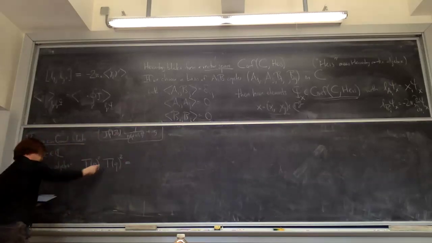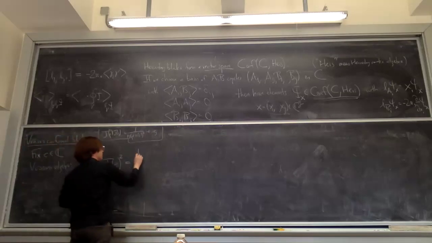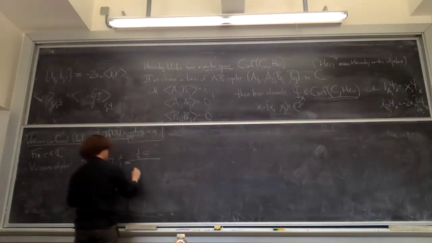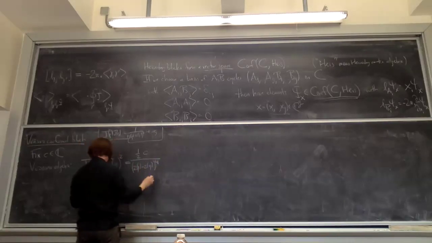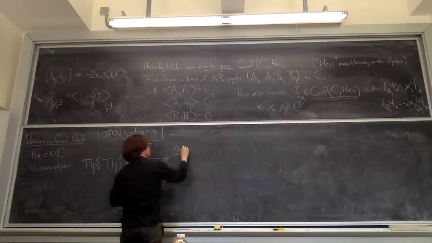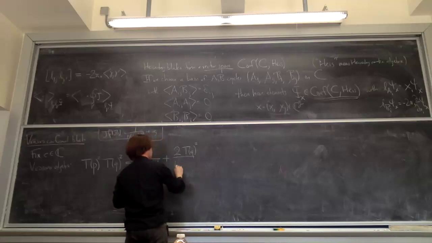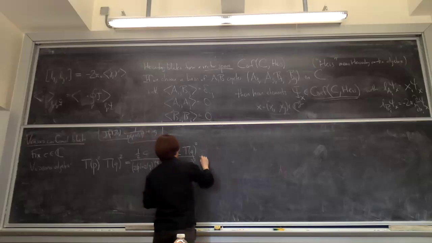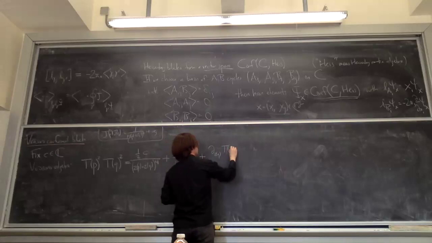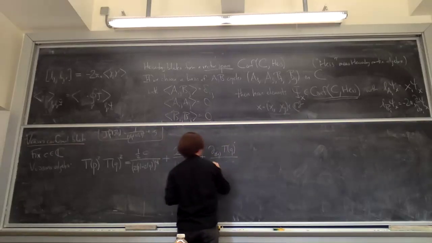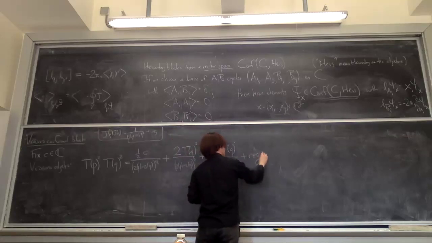And the rule is that when P comes close to Q, we get now a fourth order pole instead of second order, whose coefficient is half C, Z of P minus Z of Q to the fourth, plus 2 times T of Q Z divided by Z of P minus Z of Q squared, plus the derivative with respect to Z of T of Q Z divided by Z of P minus Z of Q, plus regular.